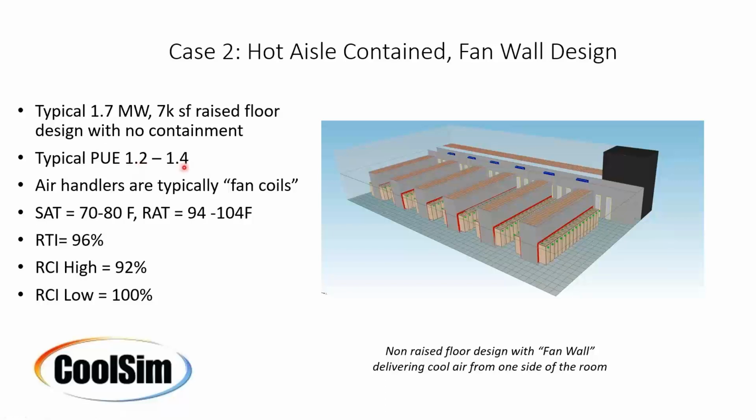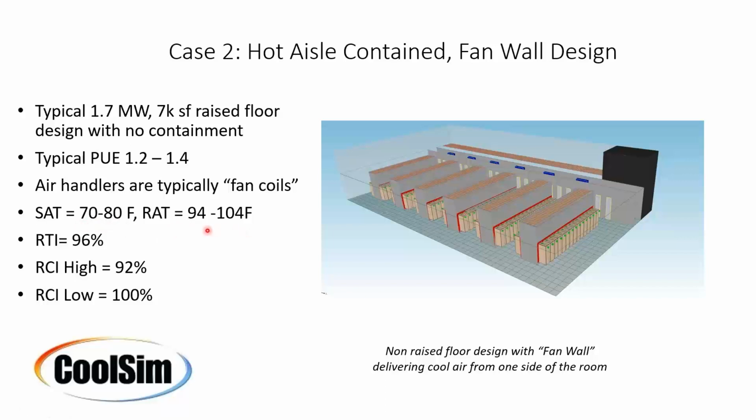PUE typically operates in this range, 1.2 to 1.4, depending how well they've done their homework. They typically use fan coils over here. These are not DX units. These are usually fan coils supplied with some kind of medium, either gas or liquid from the outside. And the supply temps tend to be a little higher here. We're trying to get them up to get that PUE down.